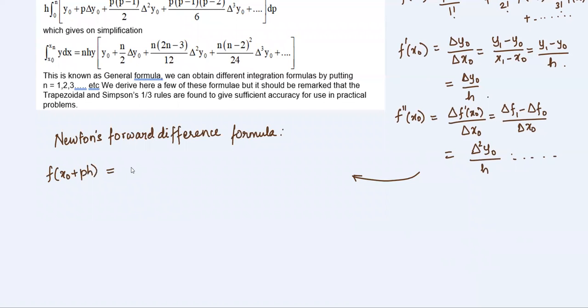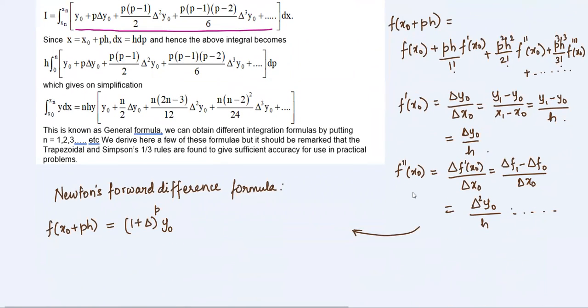We can write this as 1 plus delta, the forward difference operator, whole raised to power p times y naught. We get y naught, f of x naught is y naught, plus p times delta y naught.